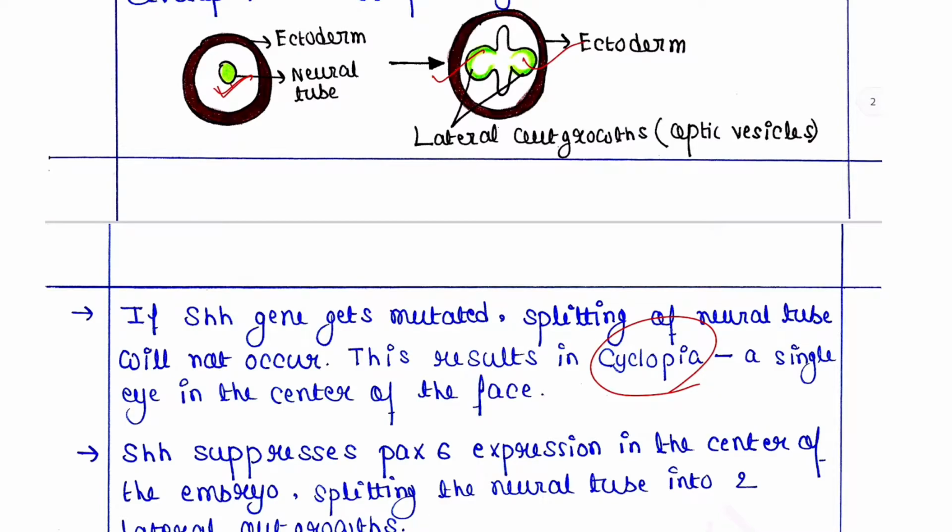It is a disorder where you can see a single eye in the center of the face. Because the SHH gene is mutated and splitting of the neural tube doesn't occur, two lateral outgrowths do not occur, so two optic vesicles will not form, and only one single eye will be formed from the neural tube.